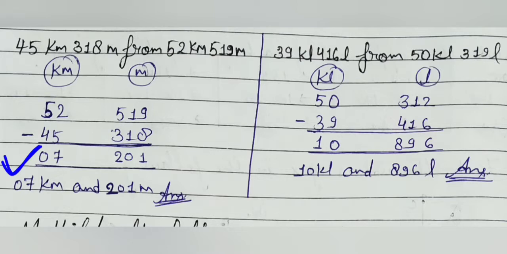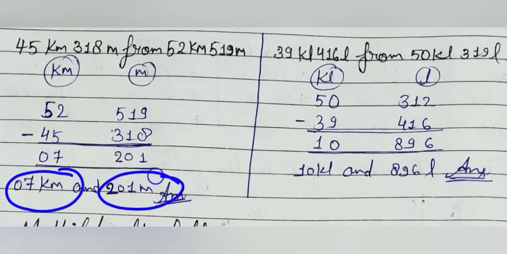Okay, all the questions look like simple subtraction, but the main point you have to focus on is how to arrange the question. You have to arrange your question in this way. So this will be your final answer, and we will write it like 7 kilometer and 201 meter.